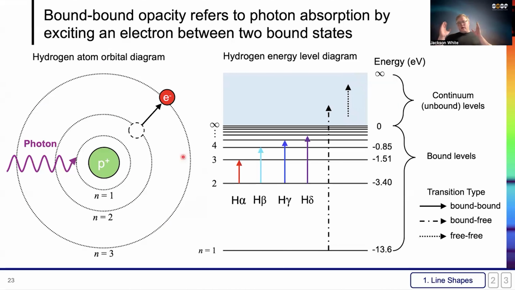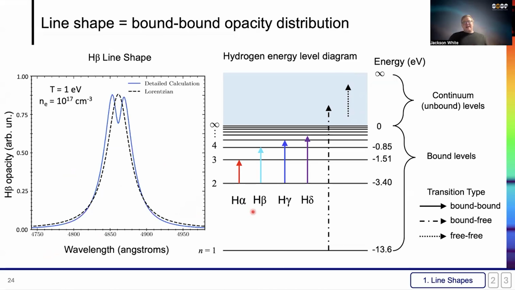Now, there are a whole bunch of different naming conventions for these different bound-bound transitions that we can observe. Some of the most common here I've labeled are called the hydrogen-Balmer series. So these are transitions where the initial state is n equals 2 in a hydrogen atom. And so if we want to calculate something like a hydrogen beta line shape profile, all that is the bound-bound opacity distribution for this n equals 2 to n equals 4 H beta transition.